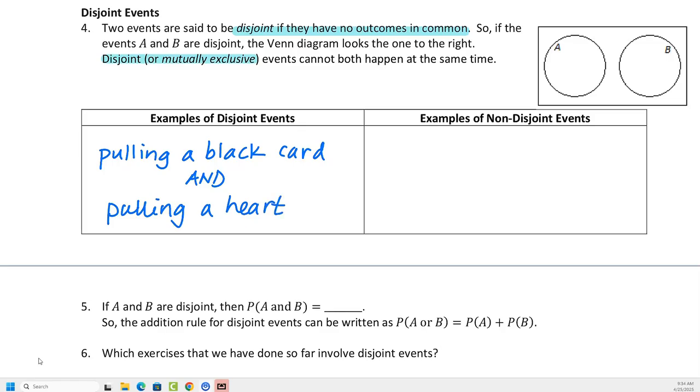And then the example of non-disjoint, where they have overlap, right? Rolling an even number, and rolling a number less than 5.